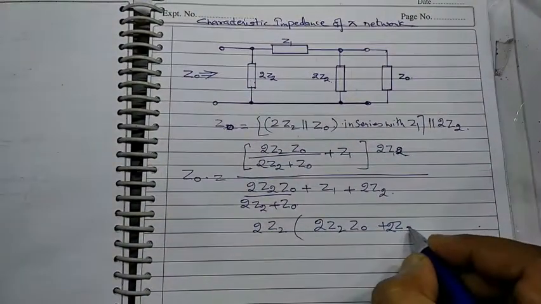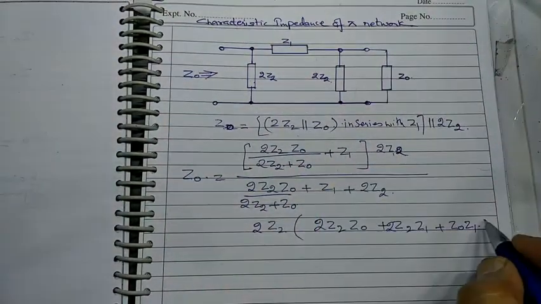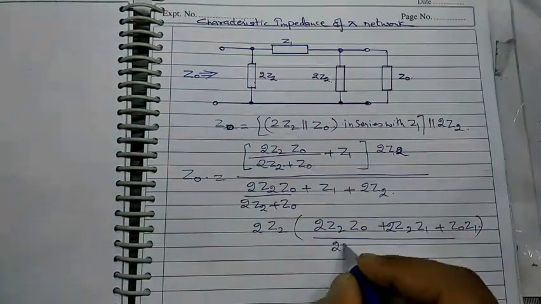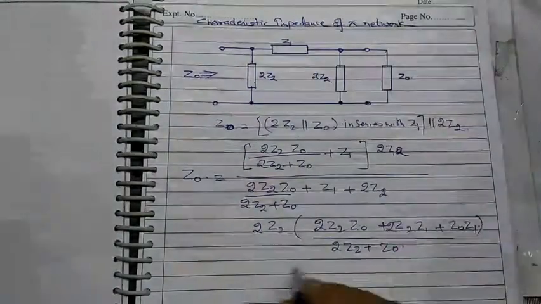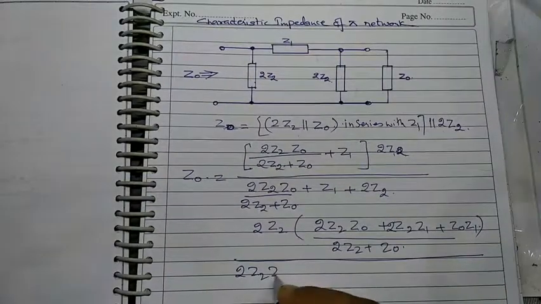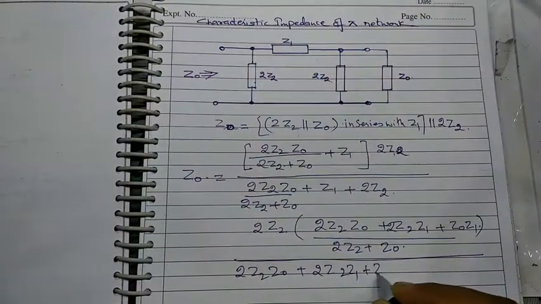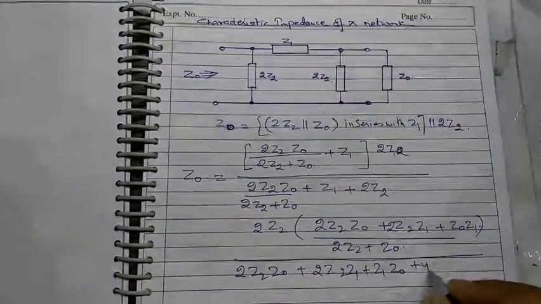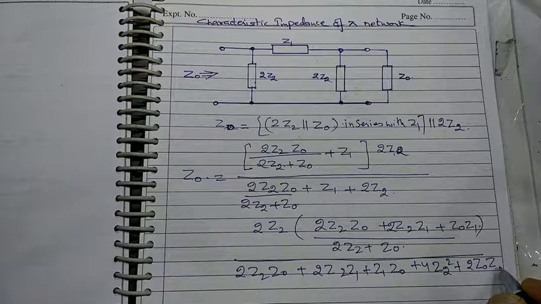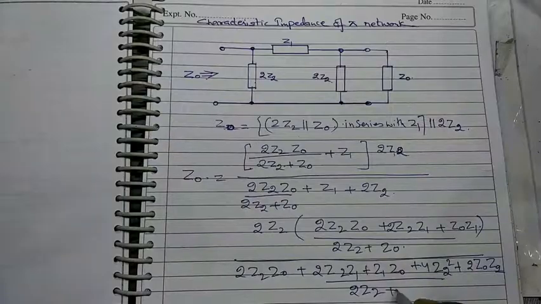This is 2Z2 Z1 plus ZO Z1 multiplied by this and divided by 2Z2 plus ZO, whole divided by 2Z2 ZO plus 2Z2 Z1 plus Z1 ZO plus 4Z2 square plus 2ZO Z2, divided by 2Z2 plus ZO.